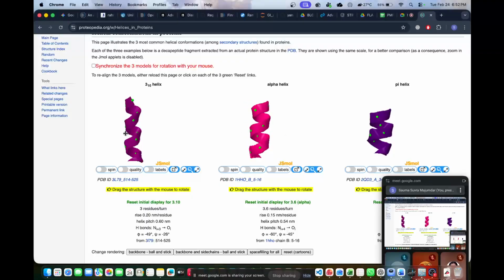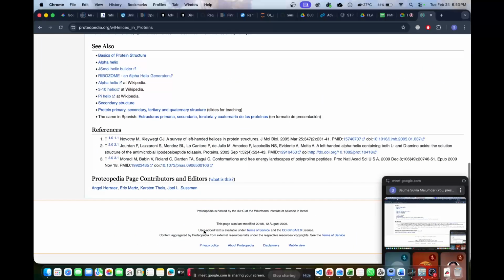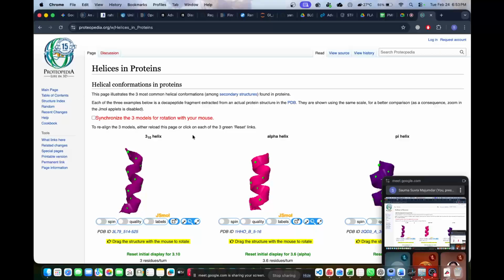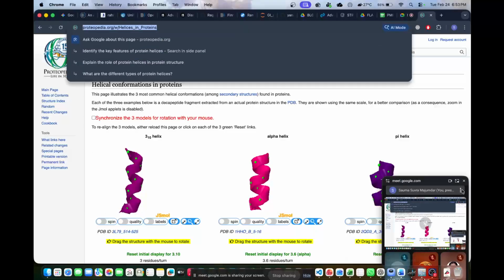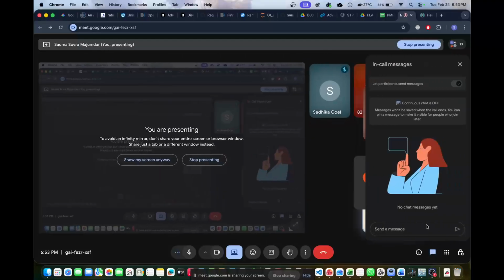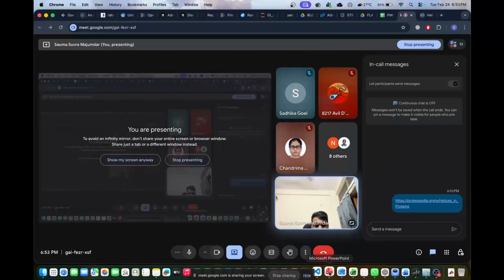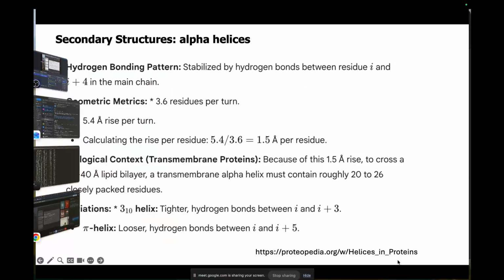This is the 3-10 helix, which is a little bit more packed, and the pi helix is a little bit more loose. So if it becomes more packed, it becomes more elongated, and if it is a little bit loose, it becomes more shortened, right? So you can play around with this. There is a lot of good information in this set of wiki pages, so if you are interested, please take a look at this. Okay, now coming back.